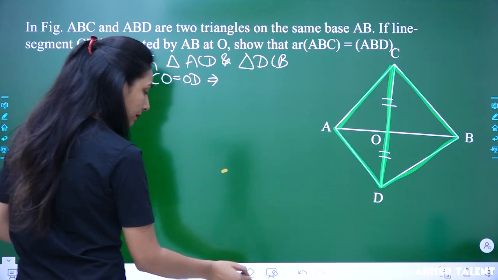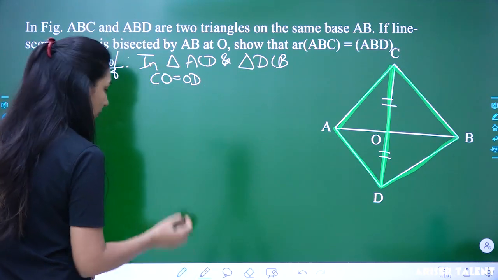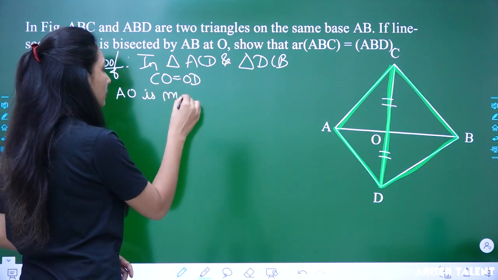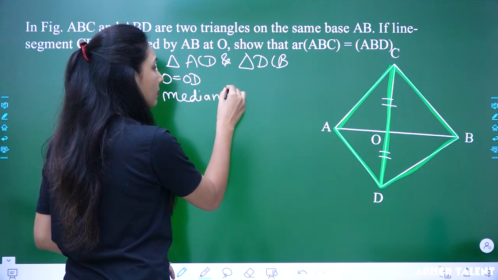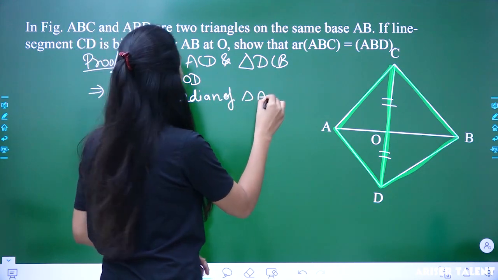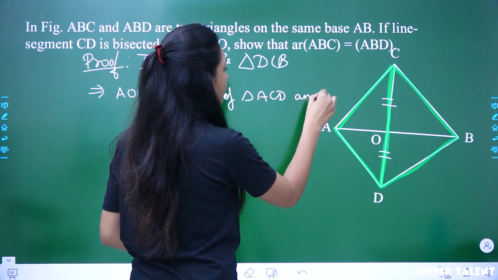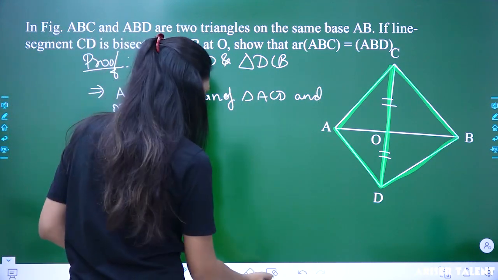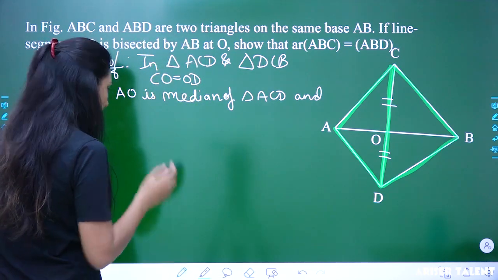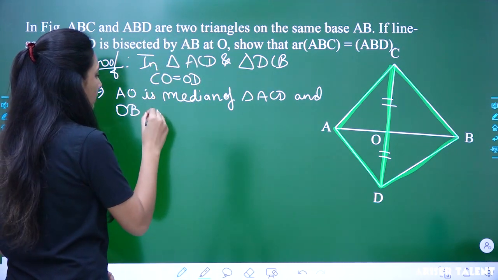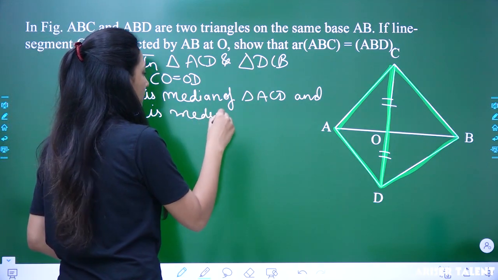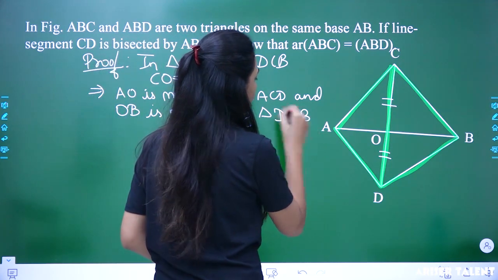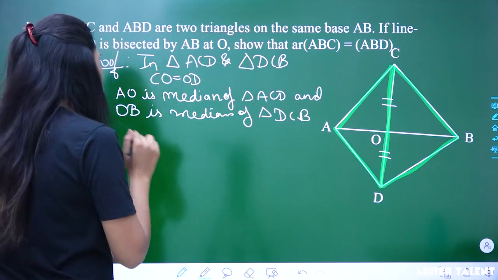This implies that AO is the median of triangle ACD and OB is the median of triangle DCB. Understood?